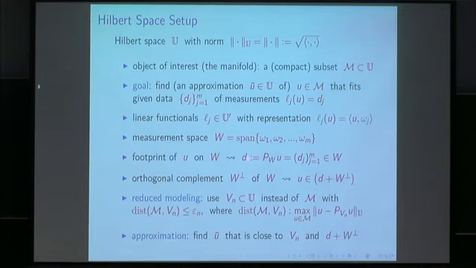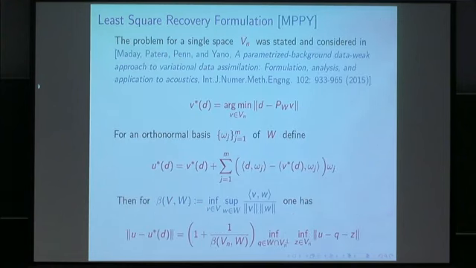We have the orthogonal complement of it. We look for a solution which should be an element of this hyperplane, and the reduced modeling gives us some space Vn, and we know that the solution is within epsilon n from it. We want to find the approximation that is close to Vn and to this space. So how to find that?